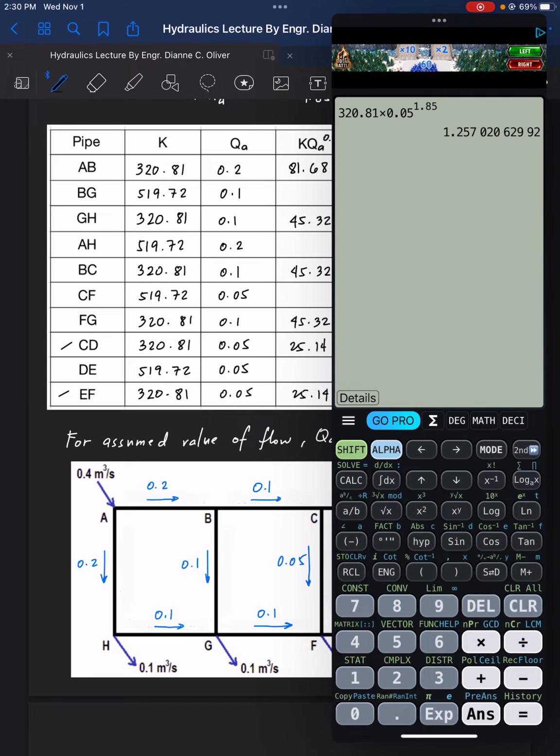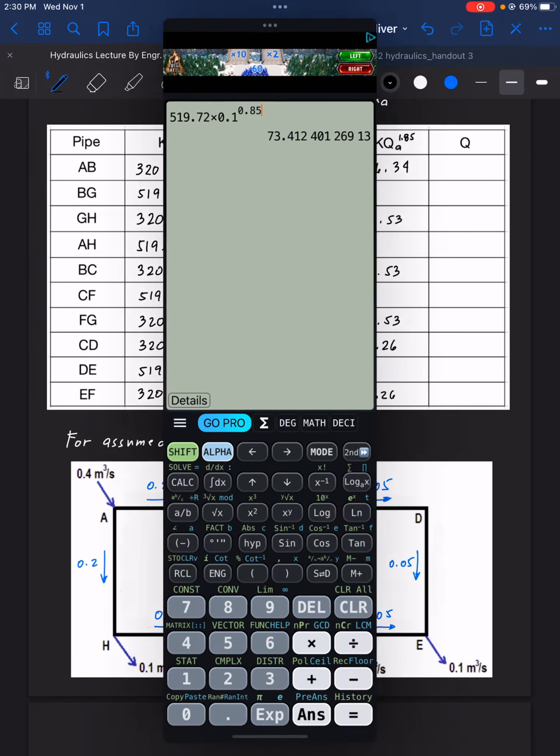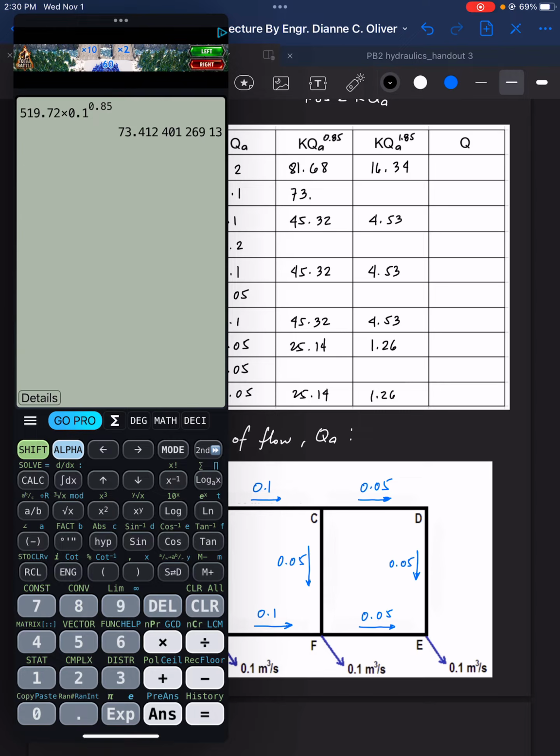So next will be 519.72 times 0.1. For times 0.1, there is no similar one here. Times 0.1 raised to the power of 0.85, that is 73.41.